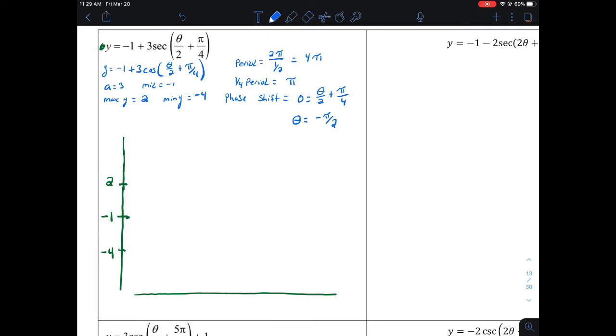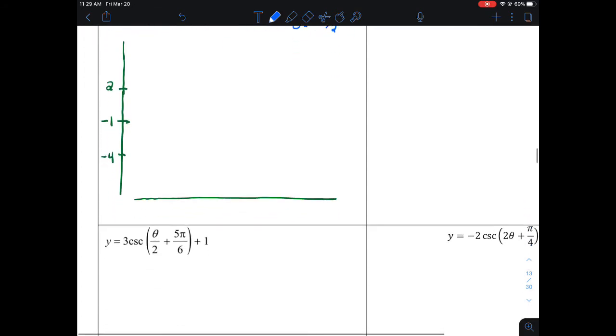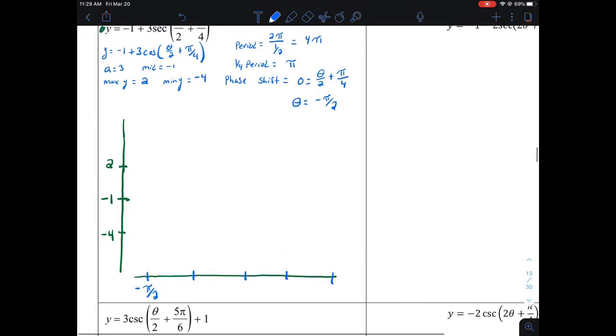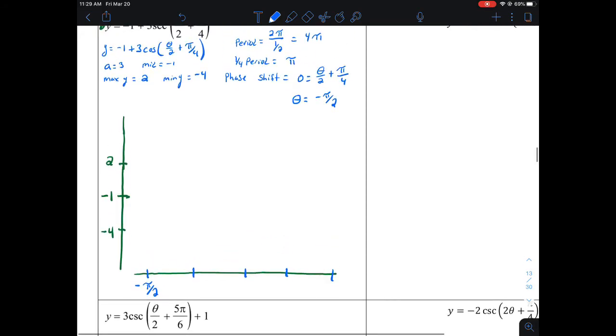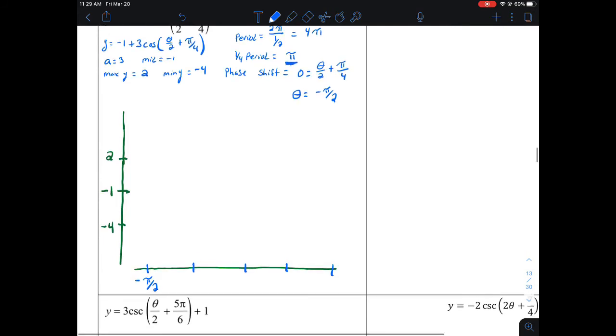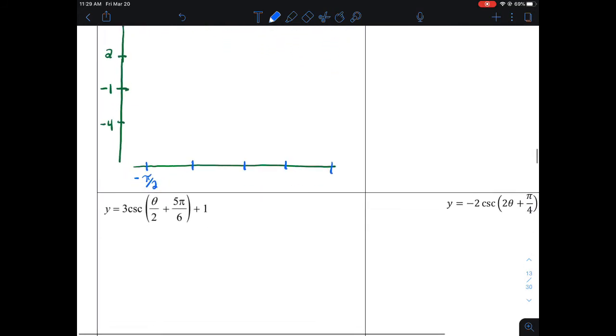So the first number that's going on my horizontal scale is going to be -pi/2. So negative pi over 2 is the first number, and it takes 5 to make a full period. And every number on our horizontal scale is going to be pi radians away from the number in front of it. So I'm adding pi every time.